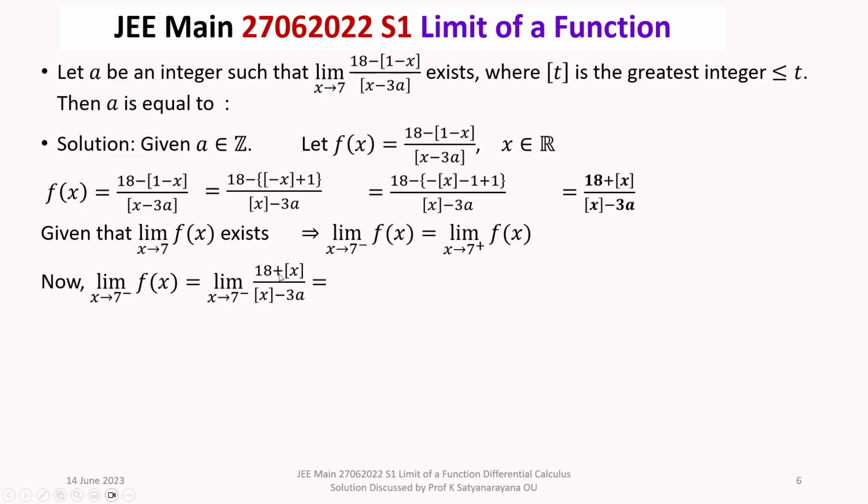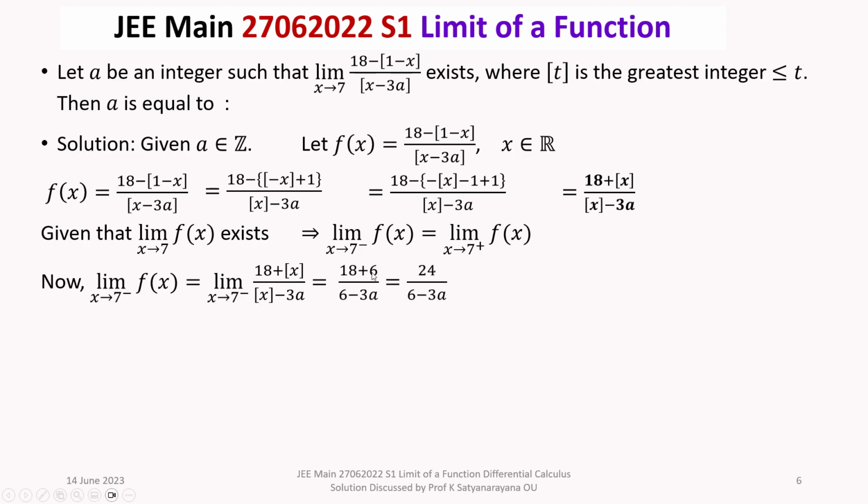is the limit as x tends to 7 minus of 18 plus bracket x by bracket x minus 3a. So x doesn't take the value 7, but it takes a value less than 7 but greater than 6. That means the greatest integer less than or equal to x will be 6.